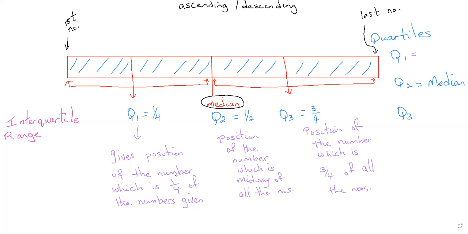By definition, the interquartile range tells you the spread of the numbers within the middle half of your distribution. So if they ask for the interquartile range, I've divided my data into 4 parts, and my interquartile range is going to be this region here.